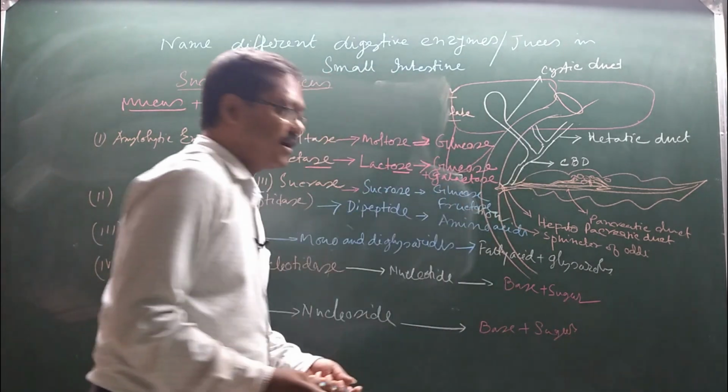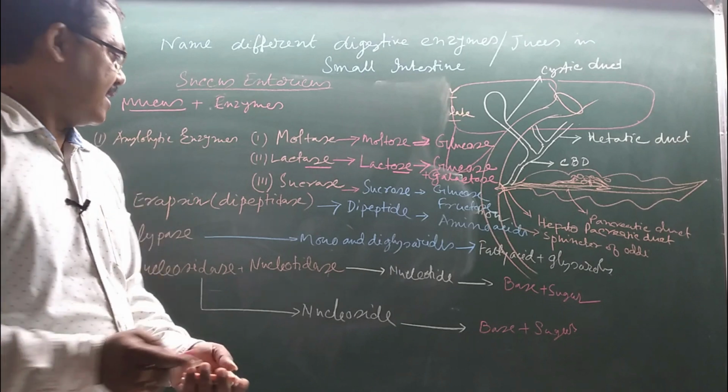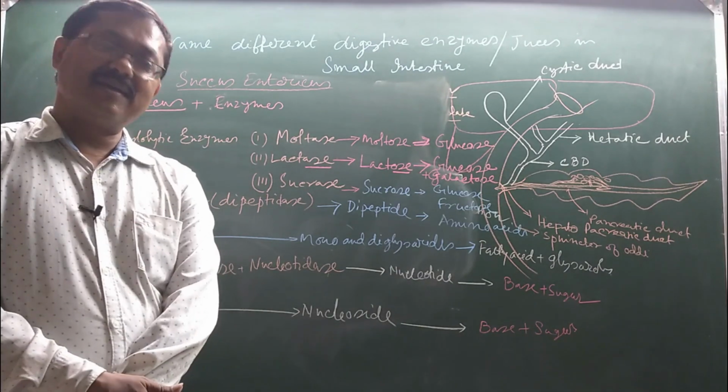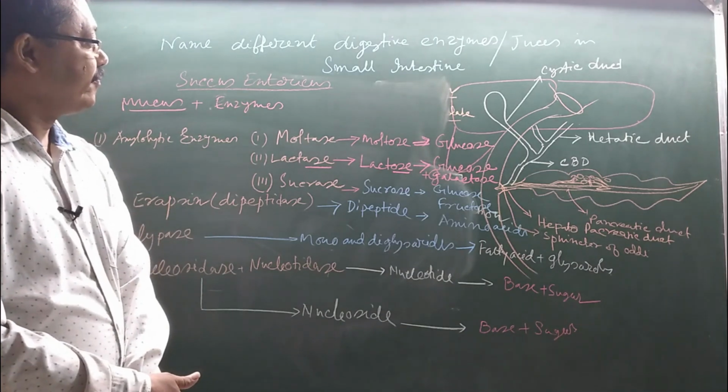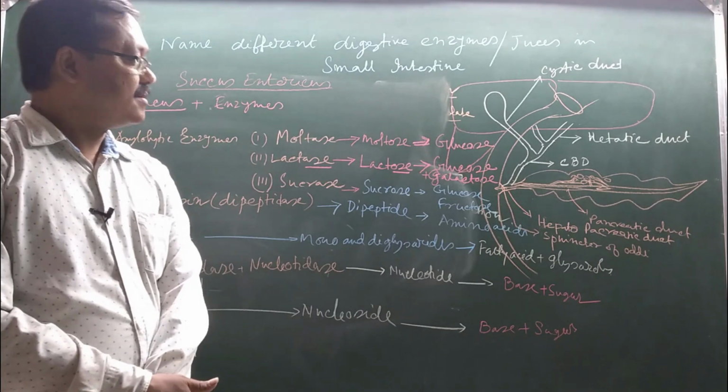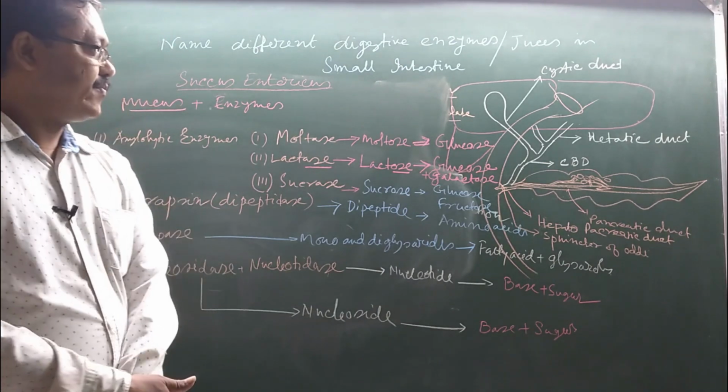All the genetic materials, DNA and RNA, are degraded by nucleosidase and nucleotidase in the case of succus entericus, that is the enteric juice.